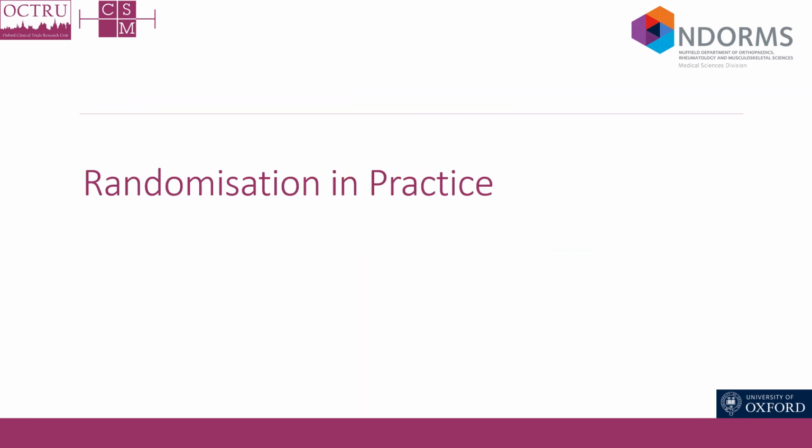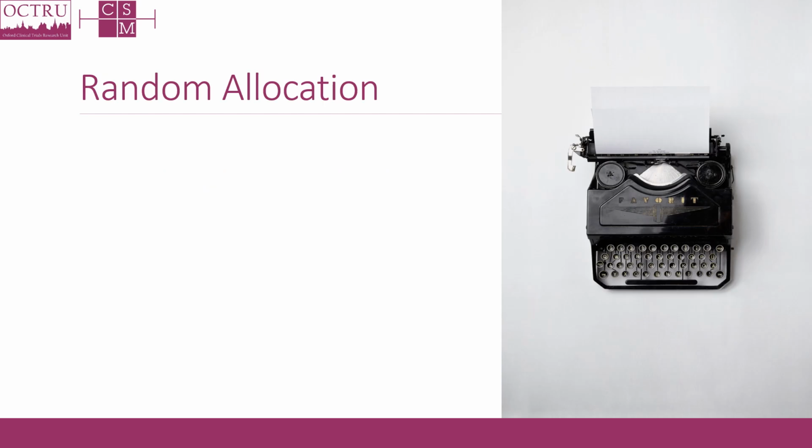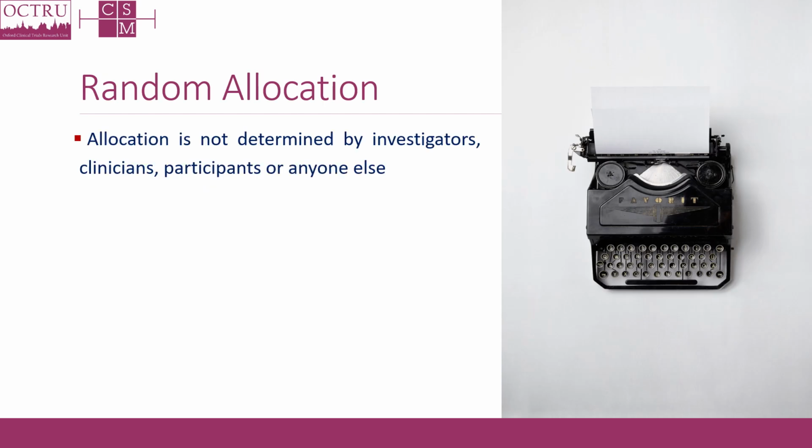The most significant difference between clinical trials and other forms of investigation is randomization, and this is how patients are allocated their treatment as they join the study. What do we mean by random allocation? Well, it's an allocation that is not determined by investigators, clinicians, participants, or anyone else.